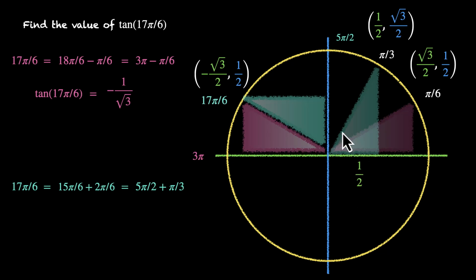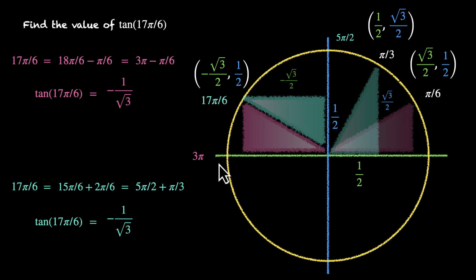This one is half, so this one becomes half. This one is root 3 by 2, so this one becomes minus root 3 by 2 because we're moving in this direction. So the coordinates are minus root 3 by 2 comma half, which is exactly what we had before. So we can match the coordinates, and if the coordinates match, the ratios will also match. We can say that tan 17 pi by 6 is equal to minus 1 by root 3.